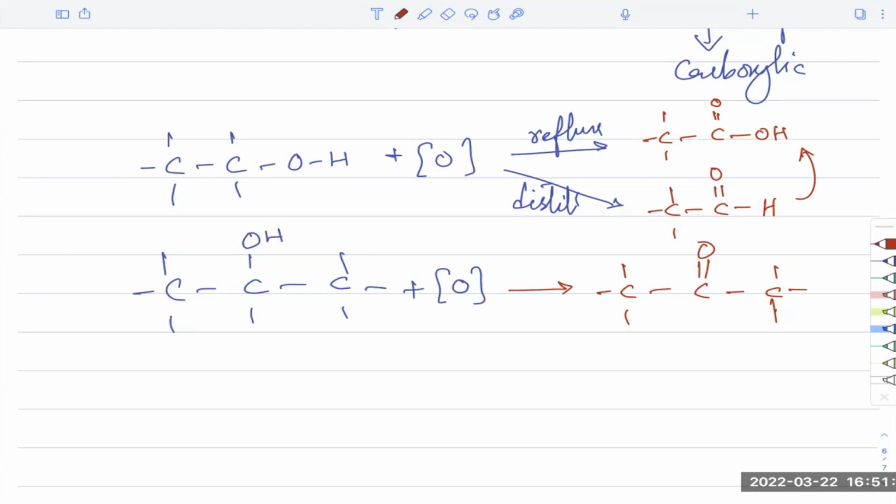So when aldehyde is formed, that aldehyde is still there. It hasn't gone out. And if it is still there, that means it can still react with the oxidizing agent, which it does. And when you oxidize any aldehyde, you get carboxylic acid. So carboxylic acid doesn't just happen right away.